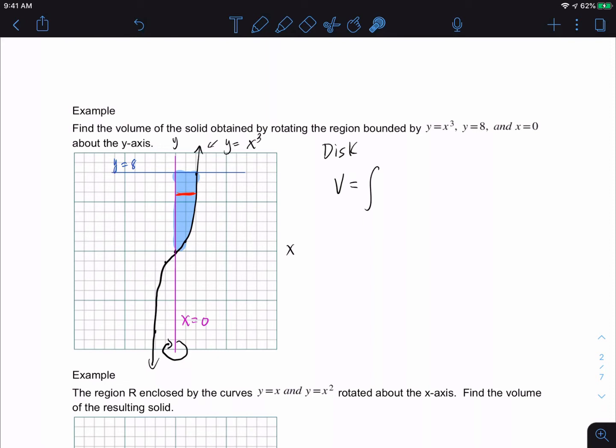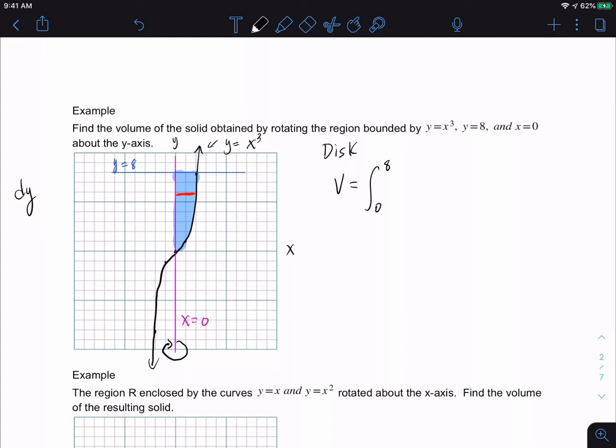Do you guys agree? Crickets. Come on. So it's going to be from 0 to 8. And the reason is because my cross-sectional slice is going to cross the y-axis. And so we're talking in terms of dy. So our bounds have to be in terms of y.